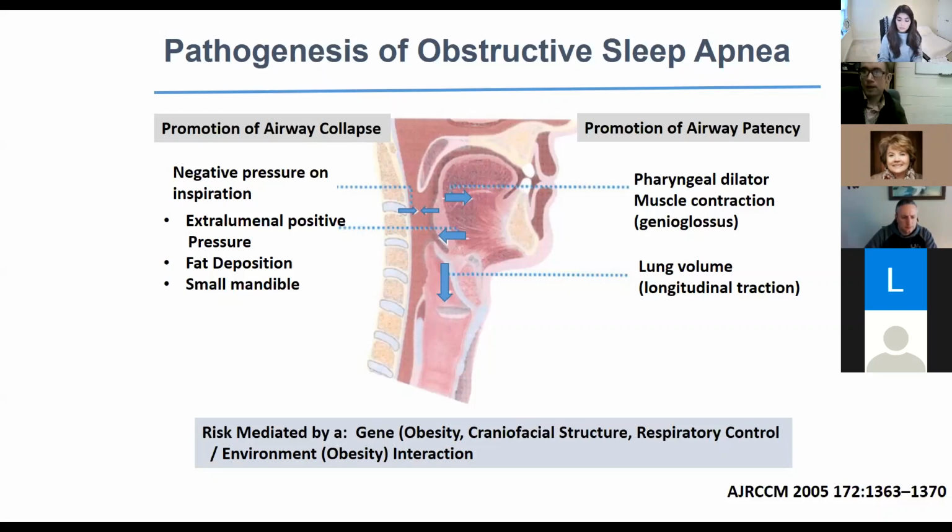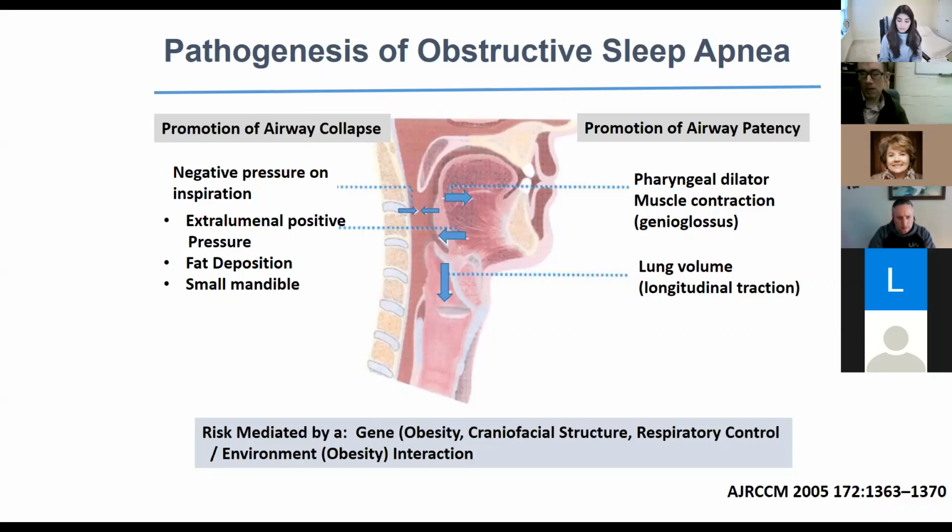Typically in obstructive sleep apnea, there's some anatomic predisposition that leads to airway narrowing. The other thing that really drives sleep apnea and promotes airway collapse is obesity. In our local Caucasian Appalachian population, the lateral fat pads of the neck become enlarged and put pressure on the airway, leading to airway collapse.